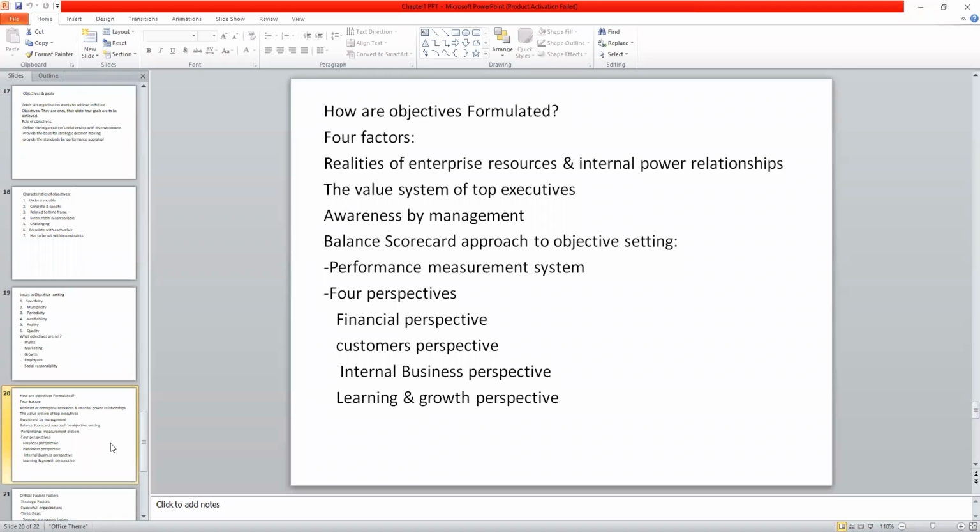Now, when I say financial perspective, it has more aspects when we go deeper inside. It's just a single word, financial, but it includes many things. It adds to many perspectives where the management takes into consideration all of these aspects and thinks of setting the objectives. Now, any doubts here?